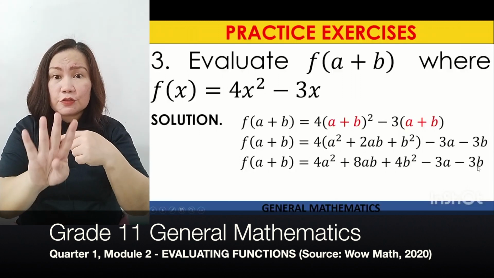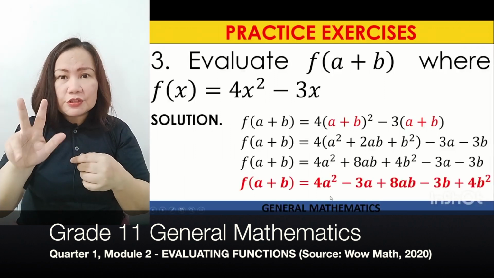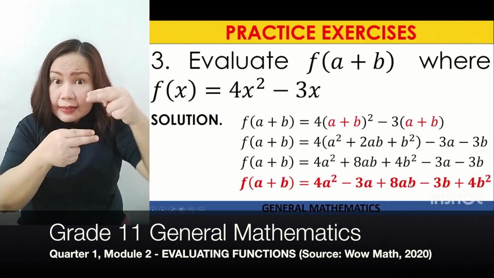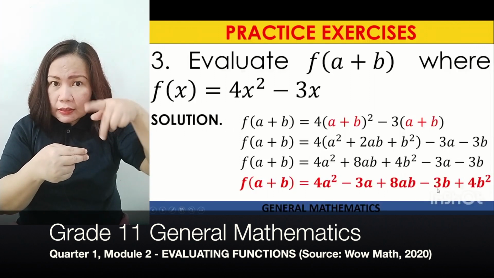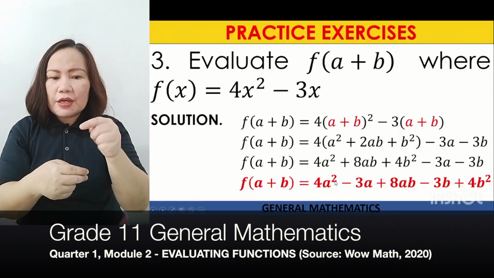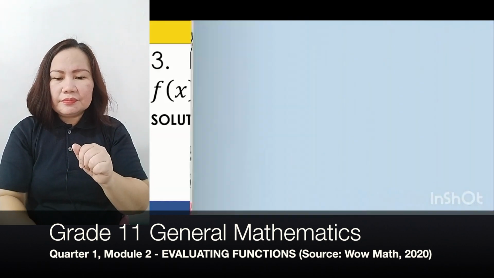So, dapat mauna dyan yung highest exponent natin. So, therefore, that will be 4a squared minus 3a plus 8ab minus 3b plus 4b squared. So, that will be the arrangement of your final answer. I hope na may natutunan kayo.